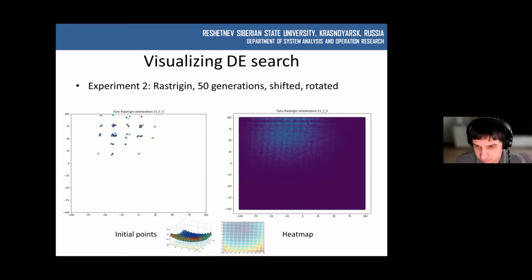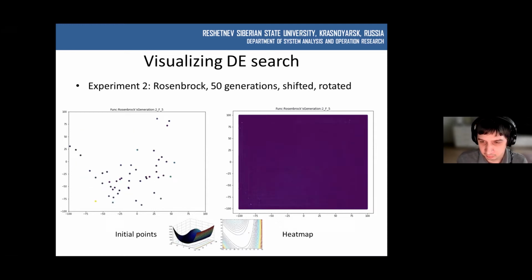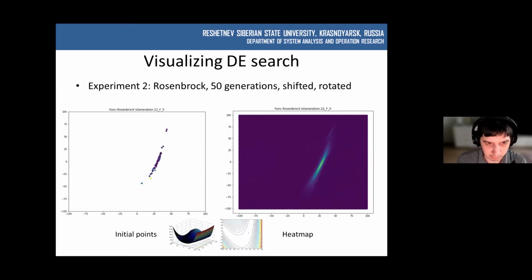Okay, but what if we have a different function that is, maybe, unimodal. Here is the Rosenbrock function, and this is what happens here. I hope most of you know what the Rosenbrock function is, but it looks like a banana with a long valley, and you should follow this valley, and then you will find the optimum value. So what happens if we look on the left?